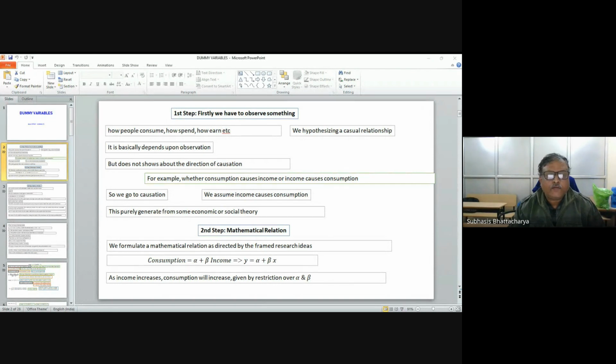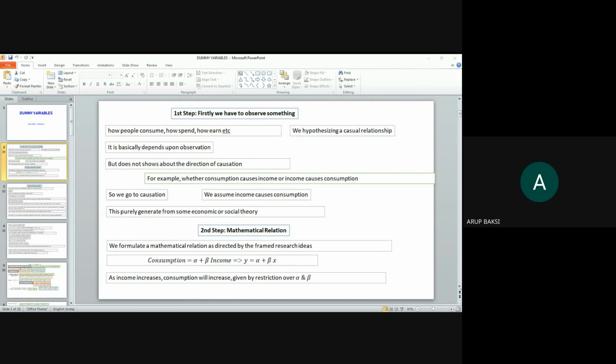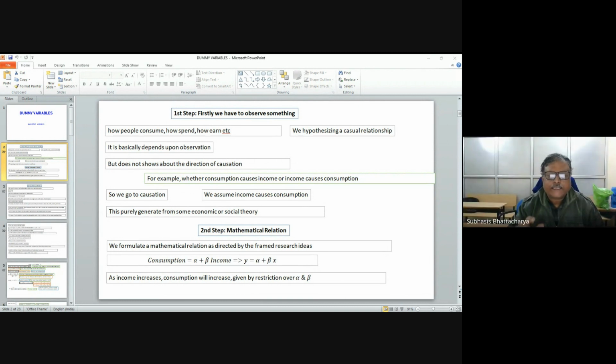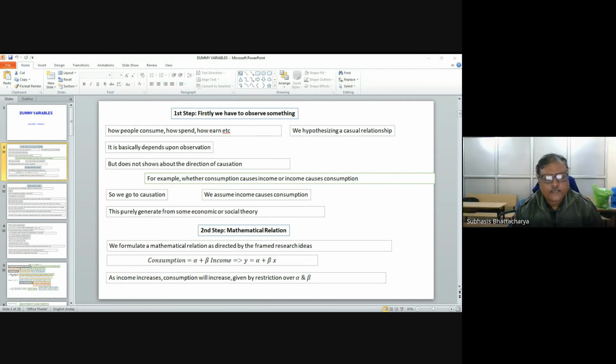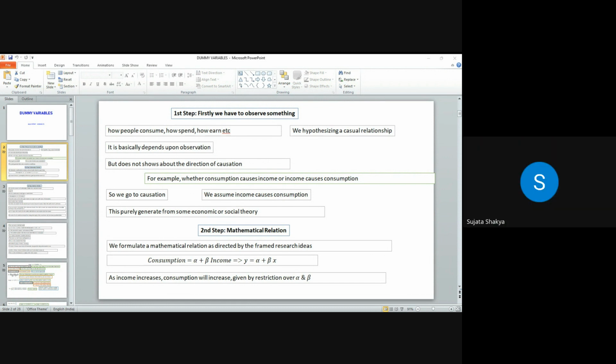Is it visible now? Yes, sir. That is the first step, and the second step. That slide, yes, sir. But it's not in the presentation mode. The slideshow is not on, sir.